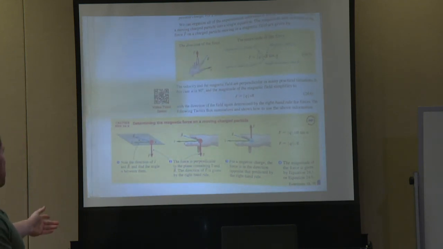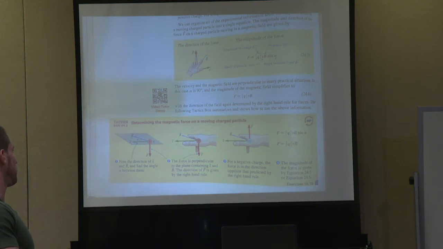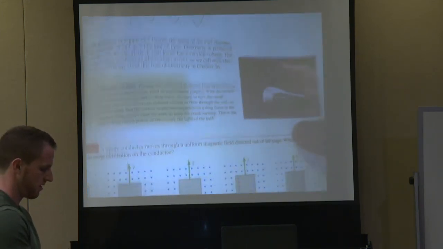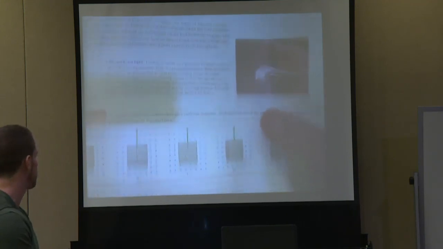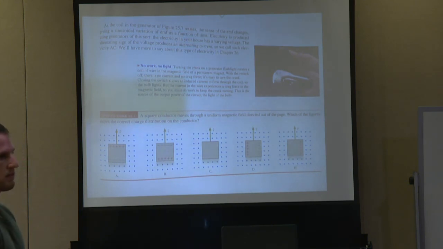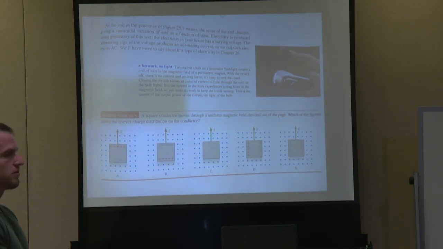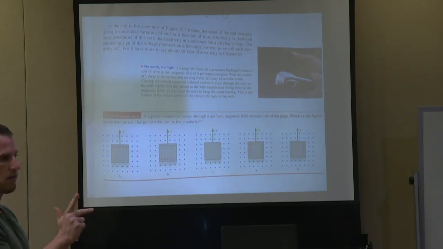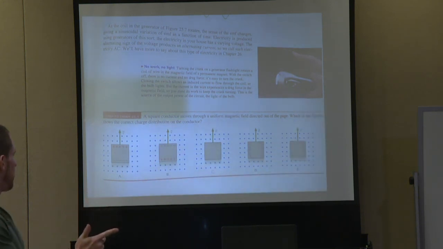But as you can see, your middle finger is the force, your thumb's the velocity, and your index finger is going to be the direction of the magnetic field. So using that and applying it to this question, thumb's the velocity, fingers the magnetic field, and then your middle finger is the force, and it's going to be on a right angle perpendicular to the magnetic field.